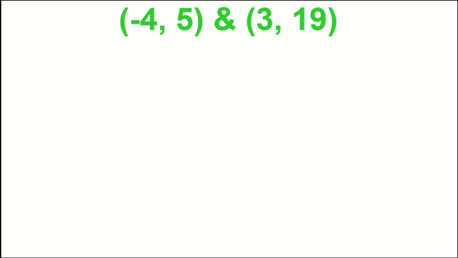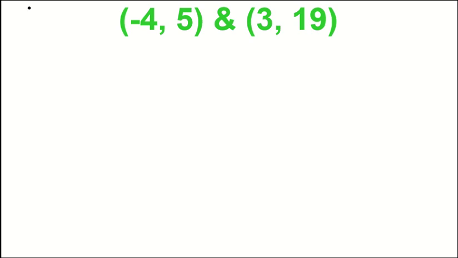So if I've got these two points right here, the first thing we have to remember is when we have an ordered pair, what letter comes first? X. X is the first one, Y is the second one.